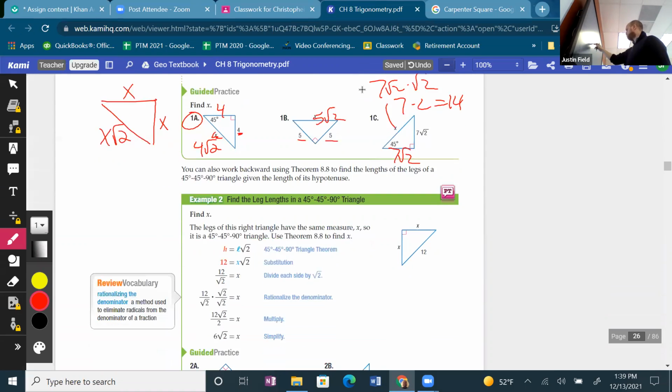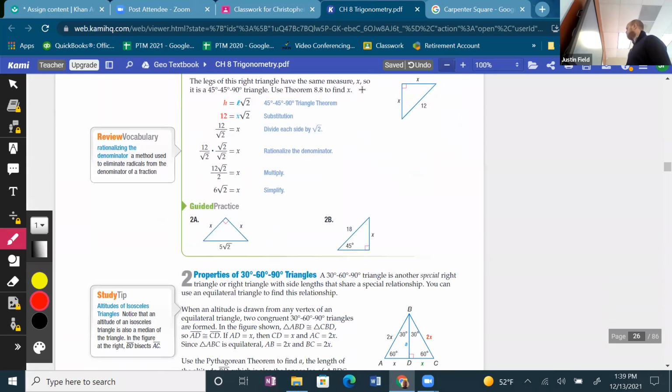Now, there's another example here. I'm going to do it, but I also want you to see the pattern. So this is a 45, 45, 90. So we're going to write down the formula. In this one, they've given us 18 for the hypotenuse.